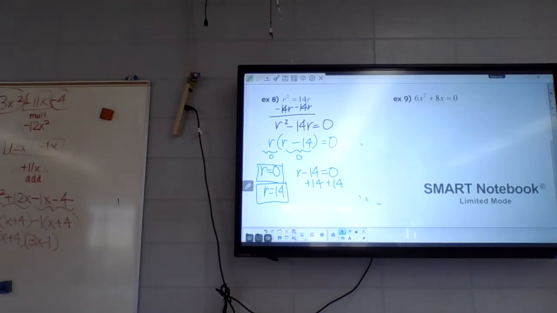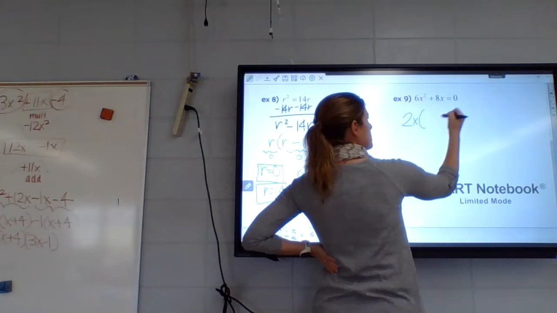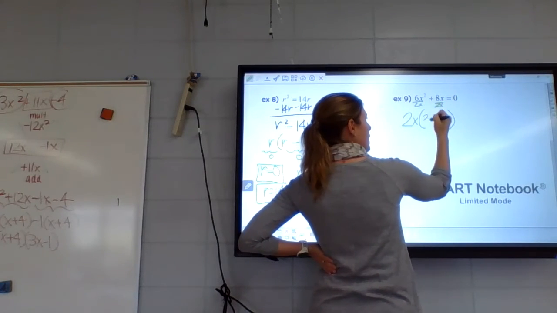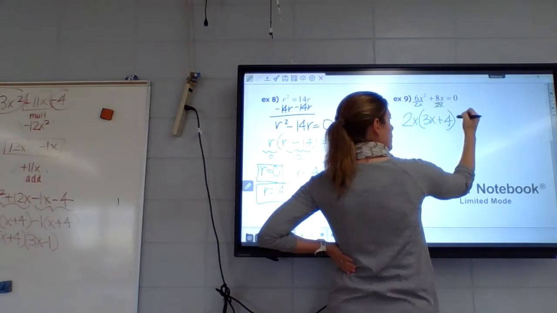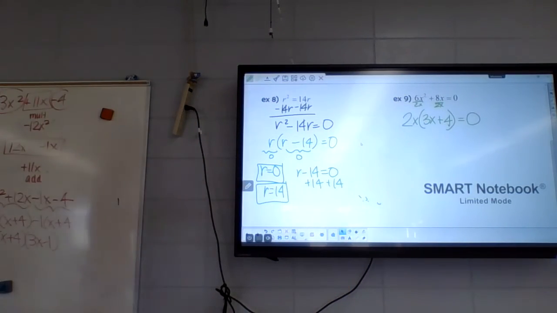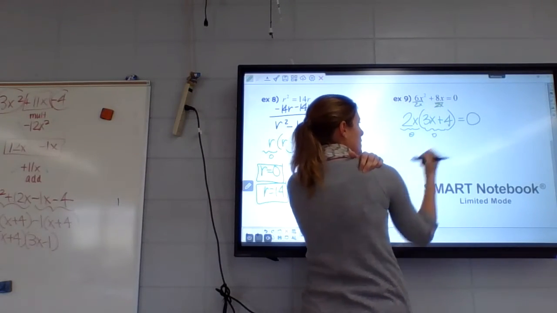Now, in number 9, we can take out a 2x out of each of these terms. So we're dividing each of these by 2x, and I'll be left with 3x plus 4. So looking for that GCF. And then from this one, that could equal 0, or this could equal 0.